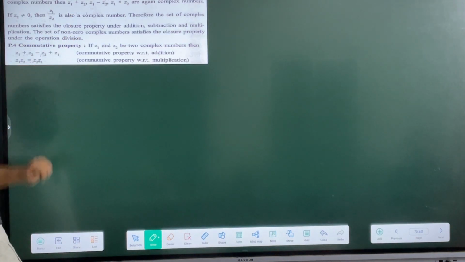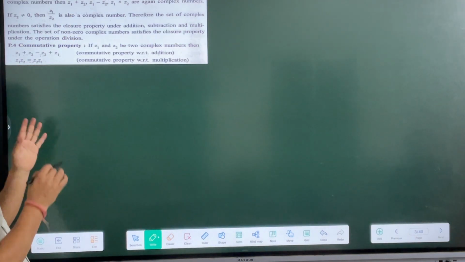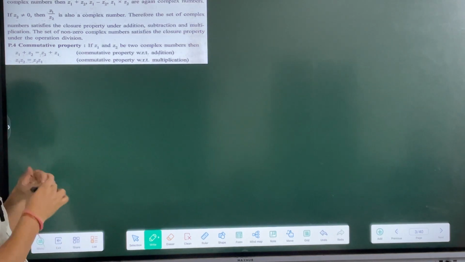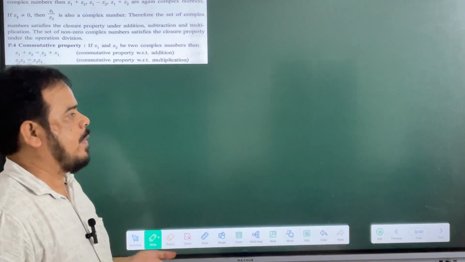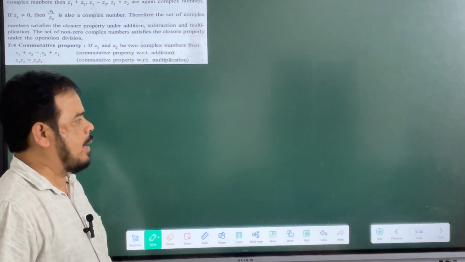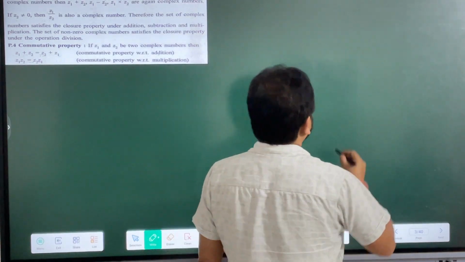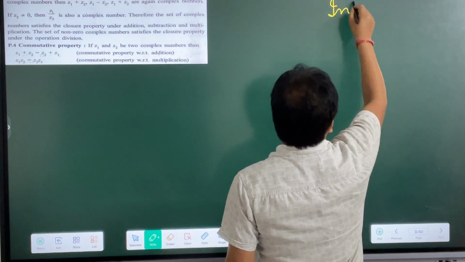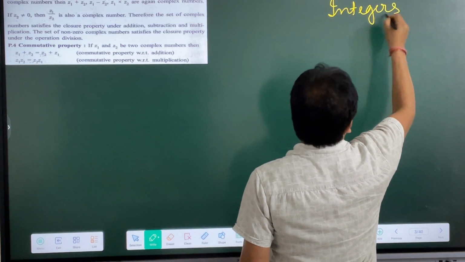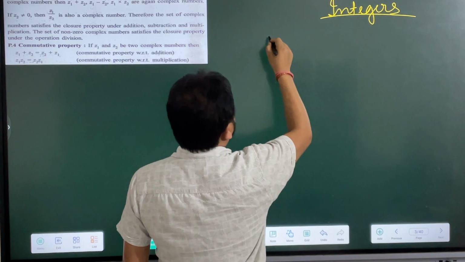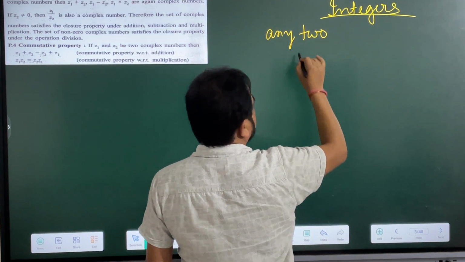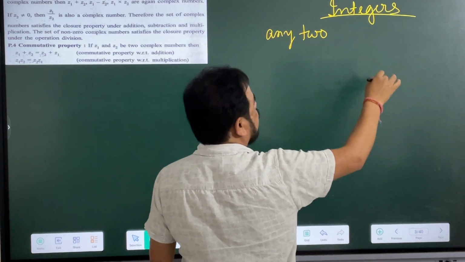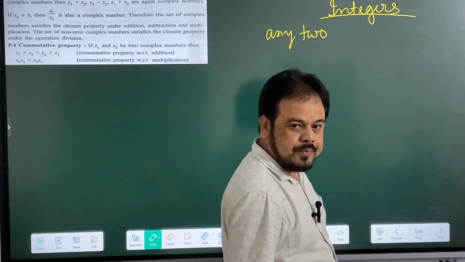Closure property. Now, closure property of complex numbers. Forget about complex numbers now. Closure property of any other number, a simple number. Suppose integers. If we add any two integers, then we will get the result also an integer.